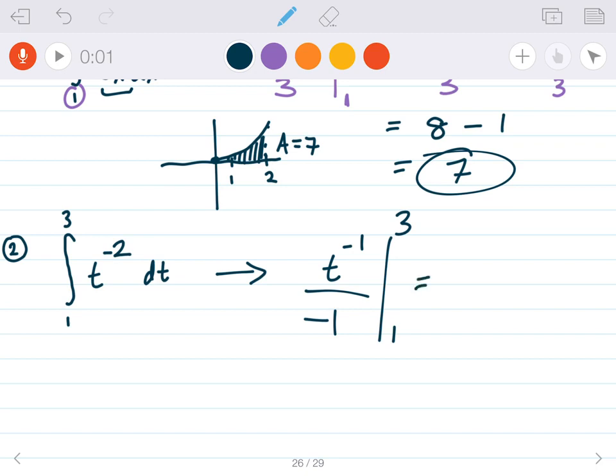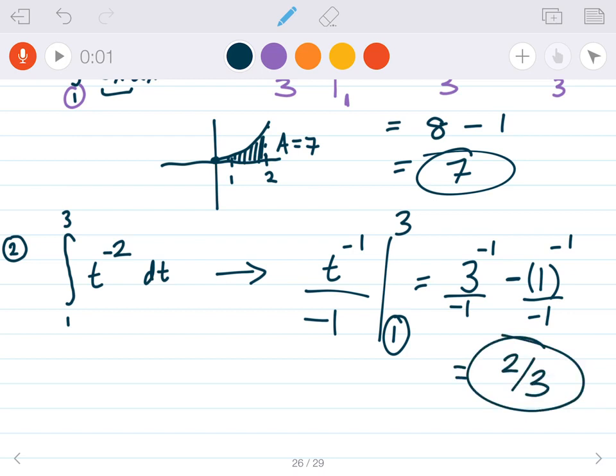This is going to give me 3 to the negative 1 over negative 1, minus, now I'm plugging in my lower bound, 1 to the negative 1 over negative 1. When I simplify this out, I'm going to end up getting 2/3. So that is the area under this curve from x equals 1 to x equals 3. 2/3.